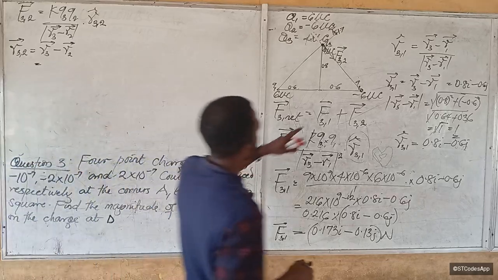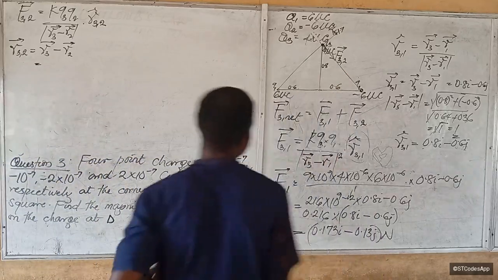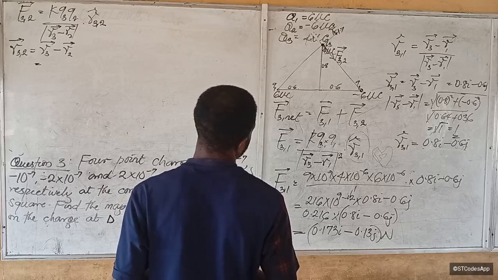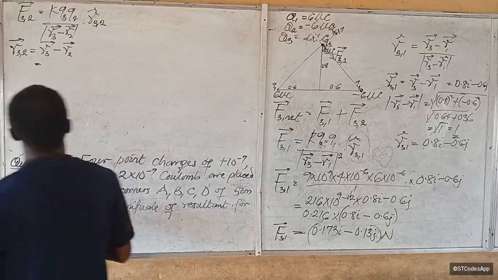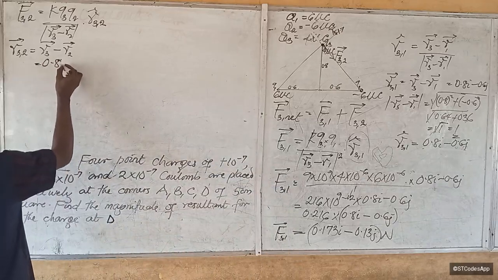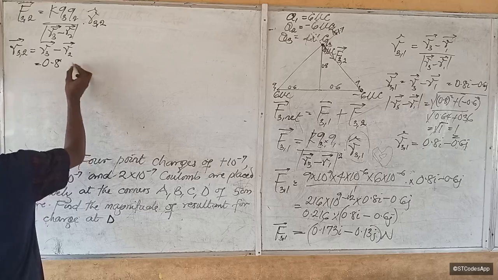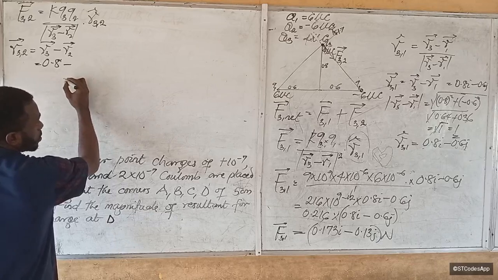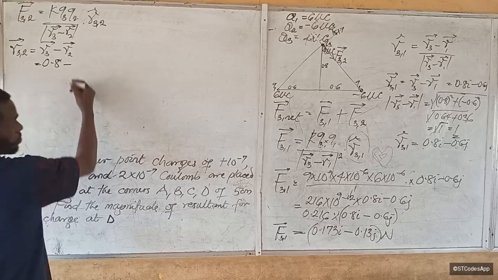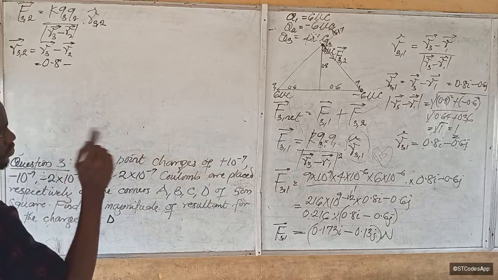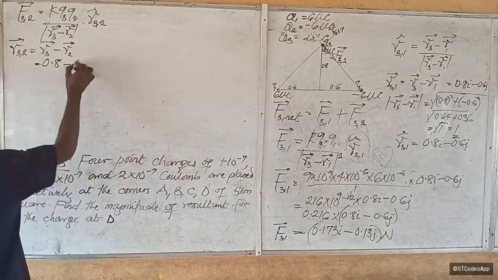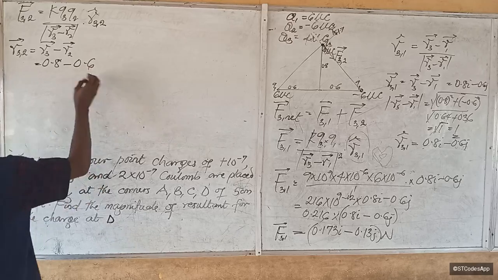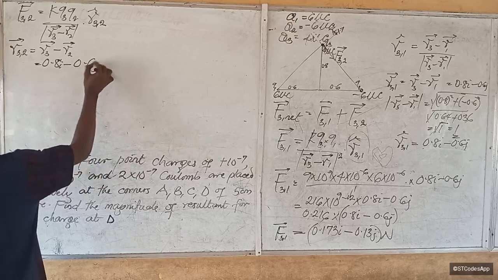R3 is 0.8, so 0.8 minus 0.6. This is i, this is j.